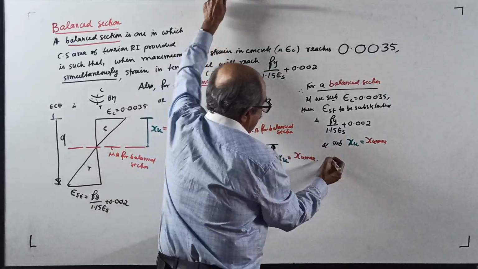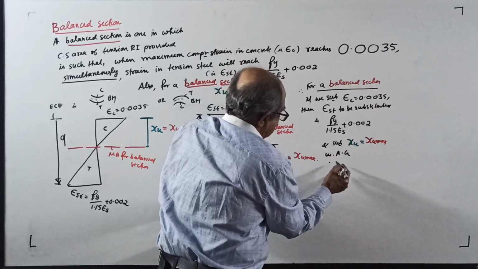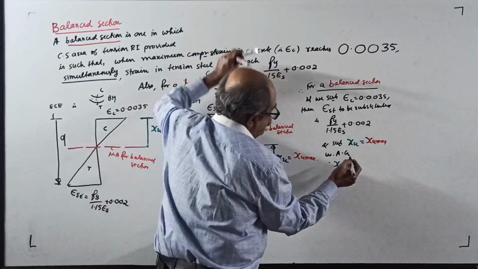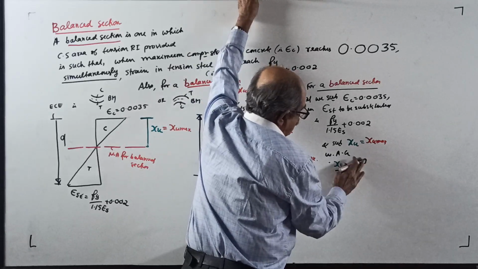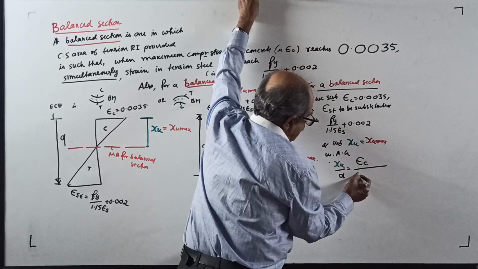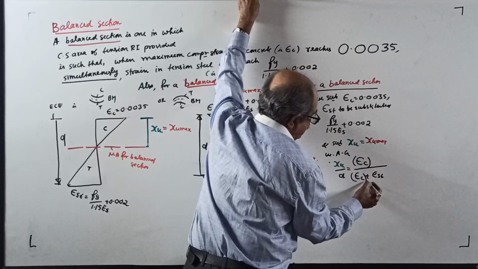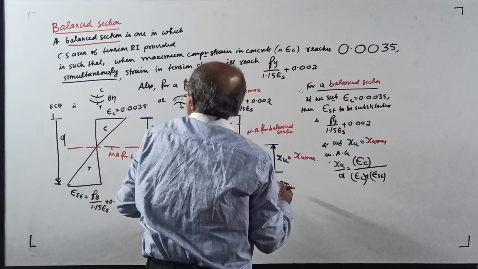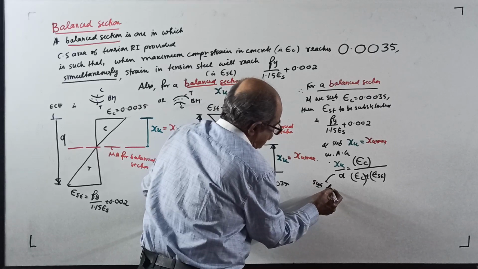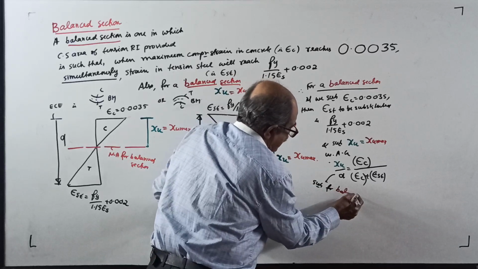Now, we already got the general equation: xu by d equal to epsilon c divided by epsilon c plus epsilon st. Just now we got it. Therefore, substitute this value for a balanced section.